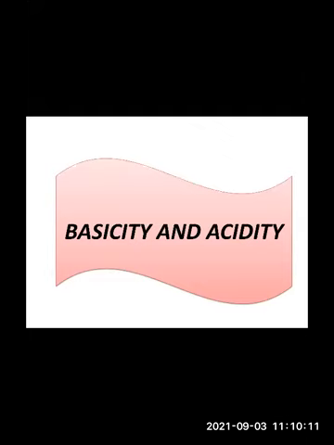Barium hydroxide, Ba(OH)2. Yes, very good, Gayatri. Correct answer. 2. In Ba(OH)2 also 2 OH minus ions are there. Aluminium hydroxide, Al(OH)3. Very good, Jyoti. 3 are there. Count the number of OH minus ions. Yes, very good. OH minus is 3.